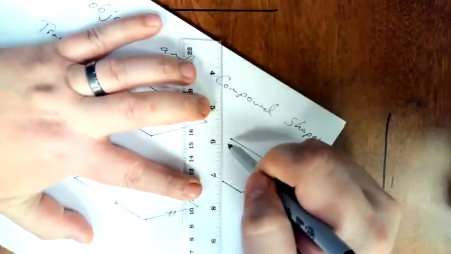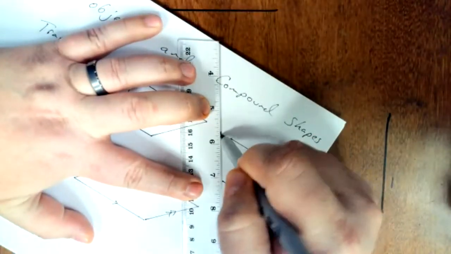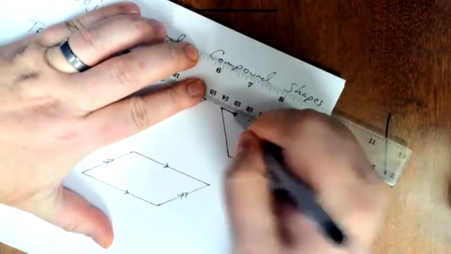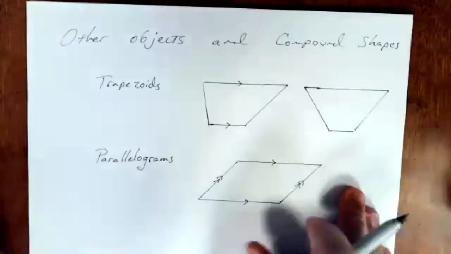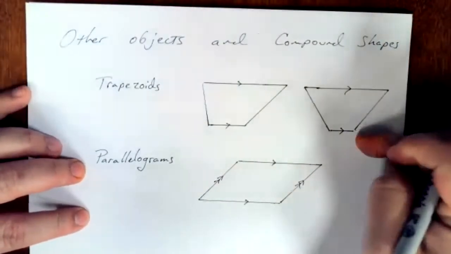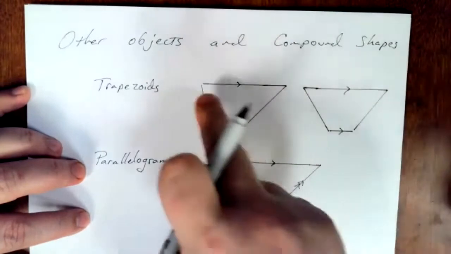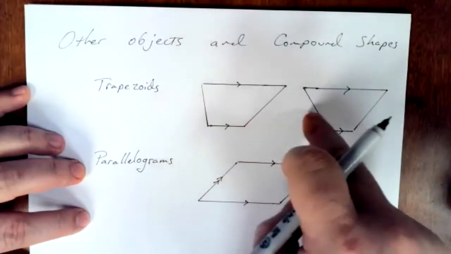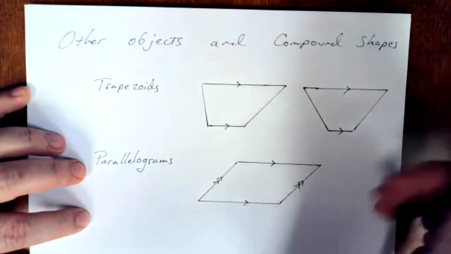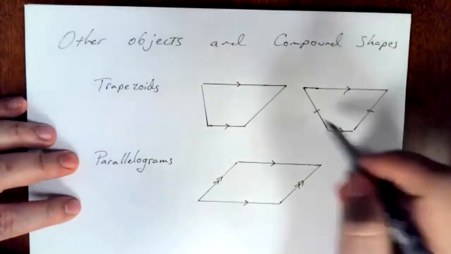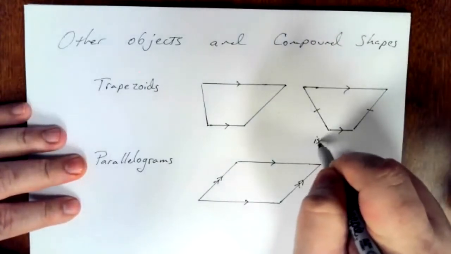One moment, it's hard to draw sideways. Let me just draw it and put it back. Hold on, I want to make sure it looks right. Okay, both of these are trapezoids because they've got one pair of parallel sides. As you can tell, these two sides are different, and that's okay. But when the two sides are the same length, the shape has a special name. It's called an isosceles trapezoid.